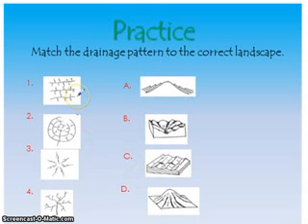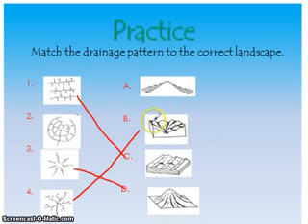The correct answers here: 1 will match up with C. We have this trellis or rectangular pattern. 3 will match up with D. We have the radial pattern. 4 will match up with B. You have the plain, the dendritic pattern. And 2 is the annular pattern. This is that sedimentary rock faulting or folding away, and you have that annular pattern. Again, hopefully you got those right. If you didn't, you want to rewatch the video or ask questions about that.